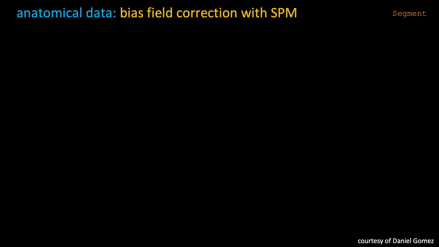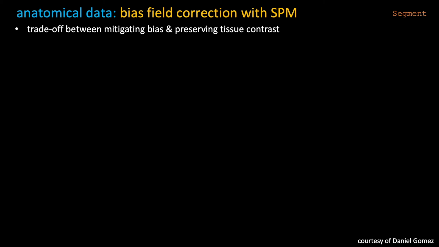So with this approach of bias field correction and segmentation with SPM, we have certain trade-offs between mitigating the bias and at the same time preserving tissue contrast. Basically, if there is some intensity difference in the image, it can be interpreted either as different tissues next to each other or as a bias and can be removed.